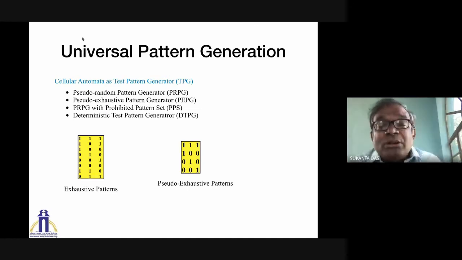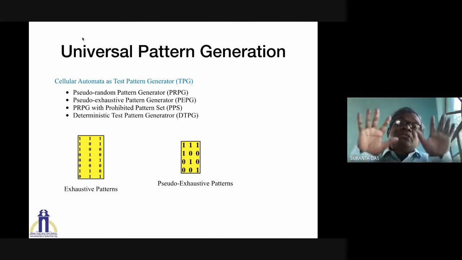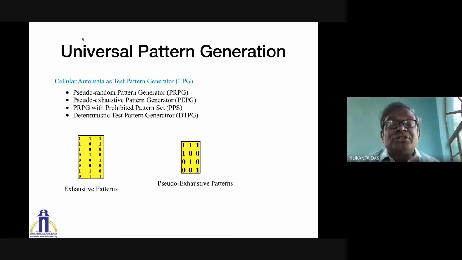You don't want to test the whole circuit exhaustively. For that case, arbitrary patterns, arbitrary testing may be okay for you. But you have to test some part of the circuitry exhaustively. For that, you need pseudo exhaustive test patterns.